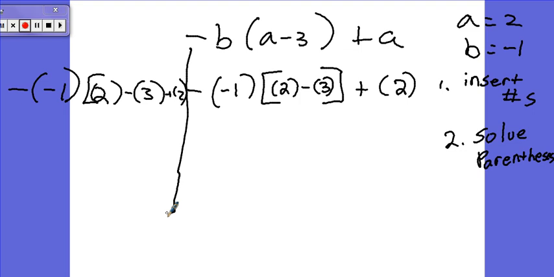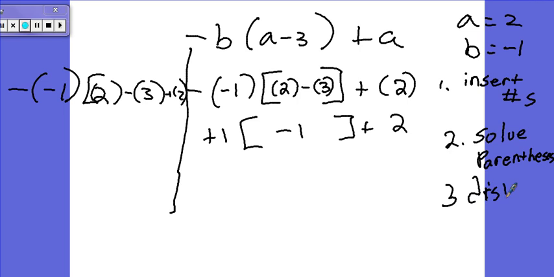So the first one, solve parentheses. So we do -1 is +1. 2 minus 3 is -1 plus 2. So I solve my parentheses. Then distribute. So we're going to do 1 times negative 1. So it's negative 1 plus 2. Answer would be 1. And then for my fourth step, I would add.